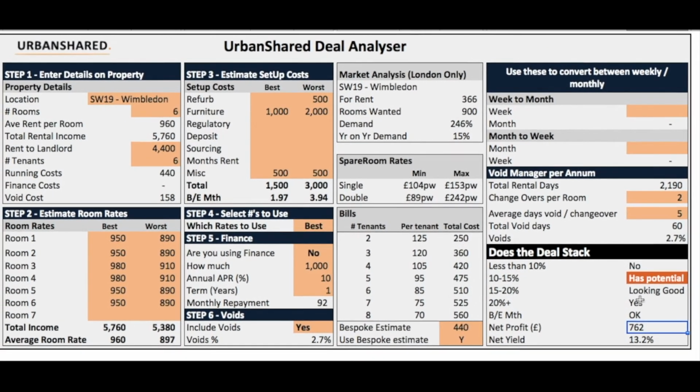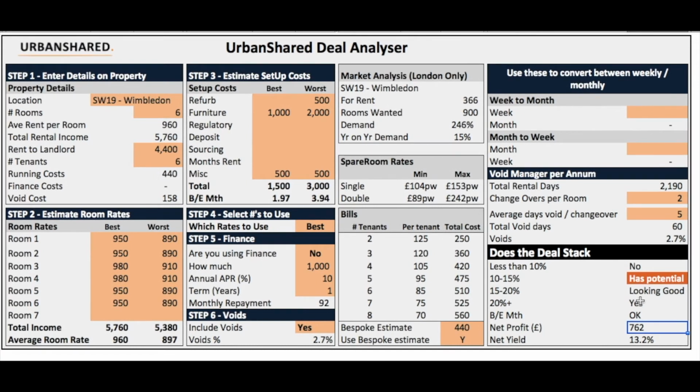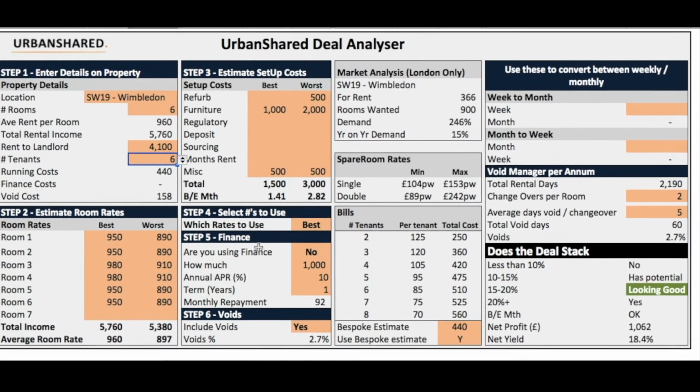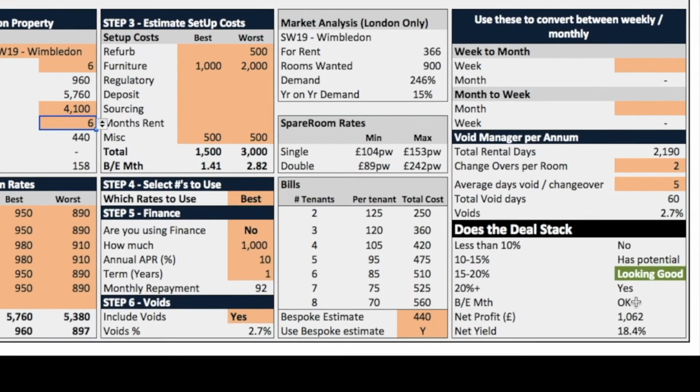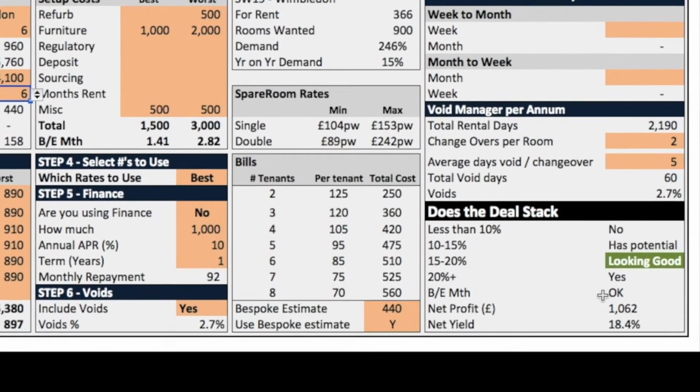And in fact, we spent some time negotiating with the landlord, and we eventually got the room rate down significantly. But our starting point, sorry, his counter offer was 4,100. And at that level, with our best case estimates, you can see that we're now somewhere towards a deal that works for us.